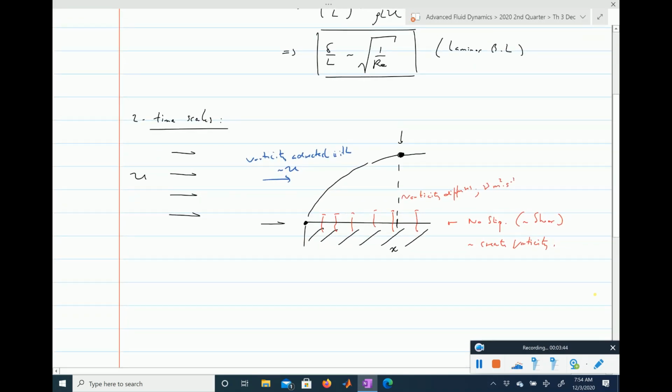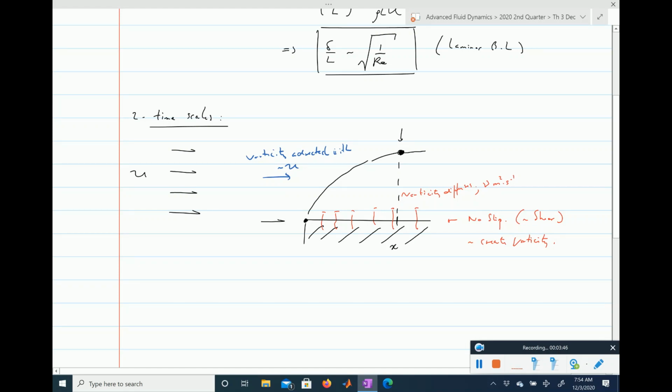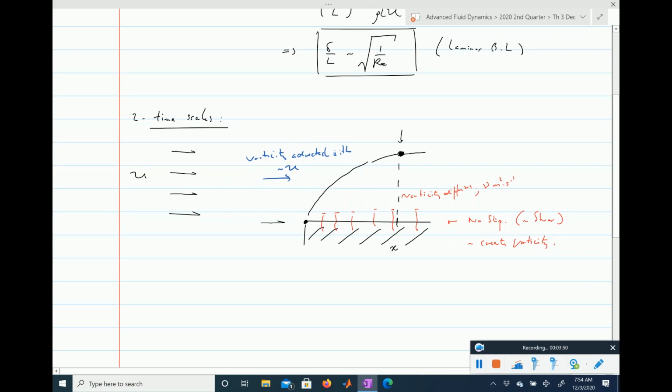With that, we can think about the scaling. If we are at this distance x, how long would it take for vorticity created at the wall to diffuse to a depth of delta?